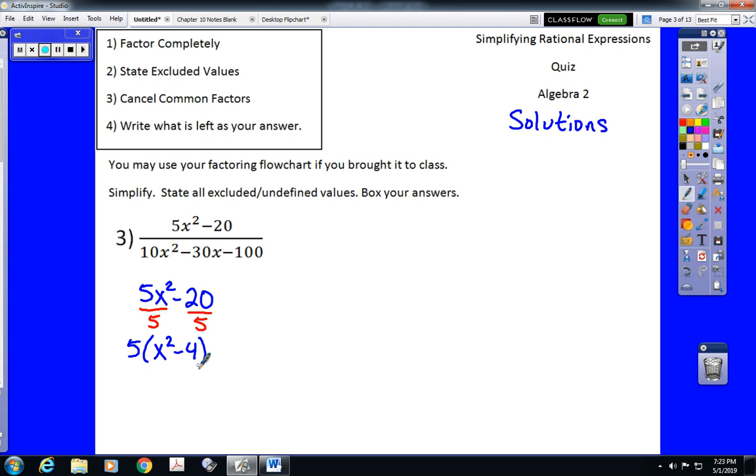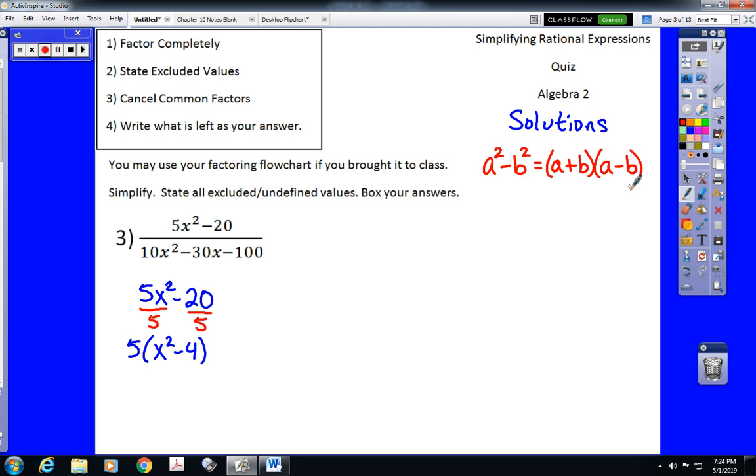X squared minus 4 fits one of our binomial patterns, the difference of two perfect squares, which says that if I have two perfect squares being subtracted, that binomial will factor into the square root of the first plus the square root of the second times the square root of the first minus the square root of the second.